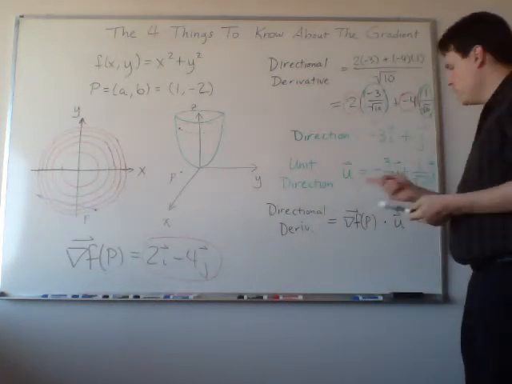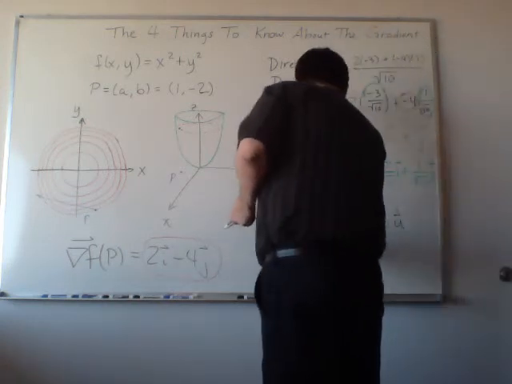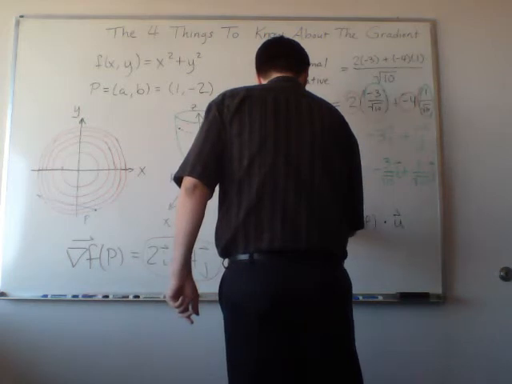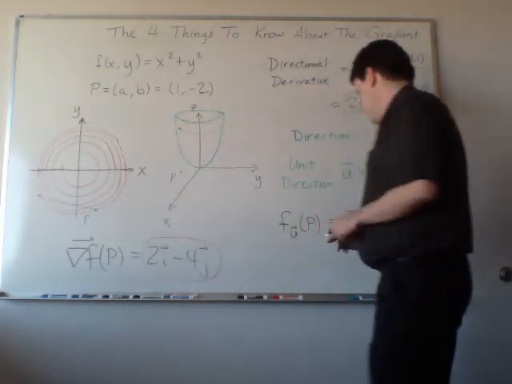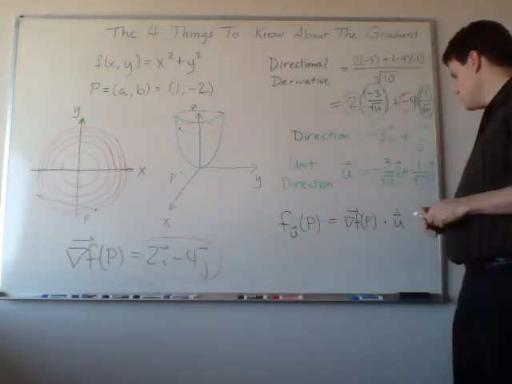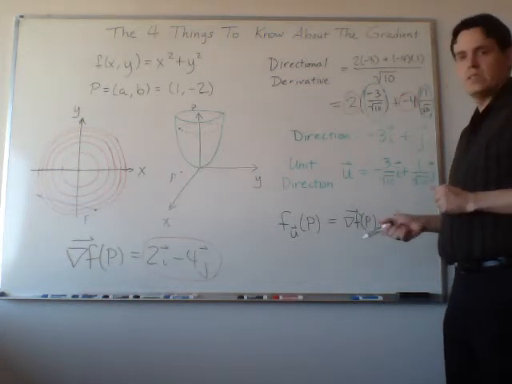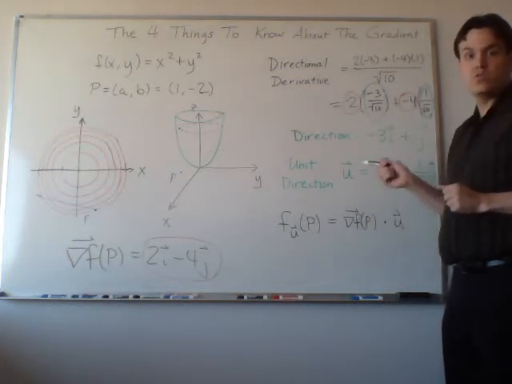And you'll remember the directional derivative we usually call f sub u at p. That's where the dot product comes from, and that's why the gradient is relevant to finding directional derivatives.